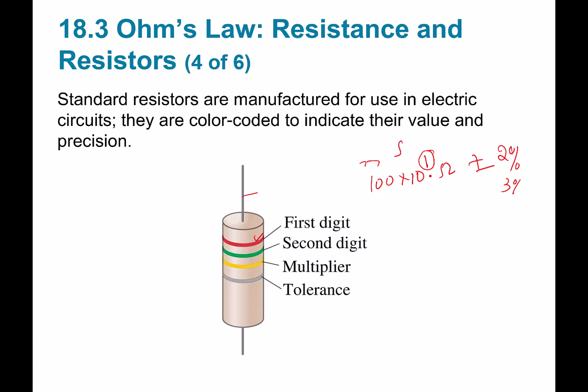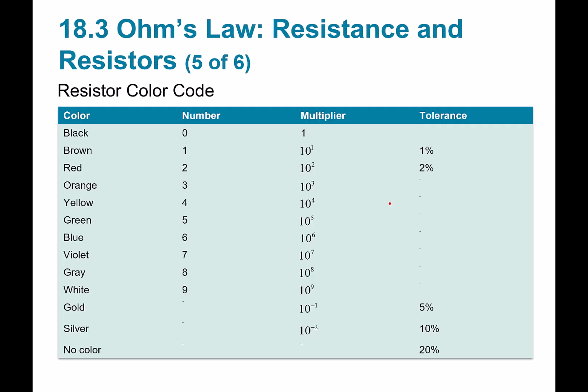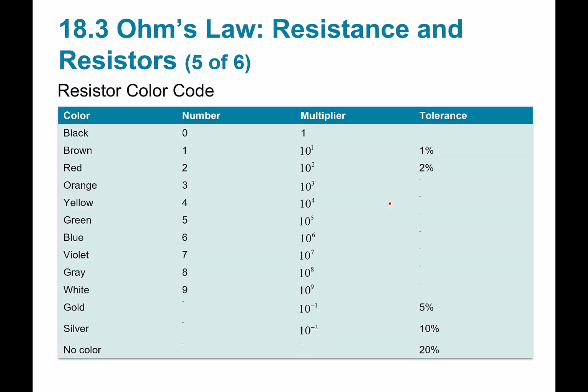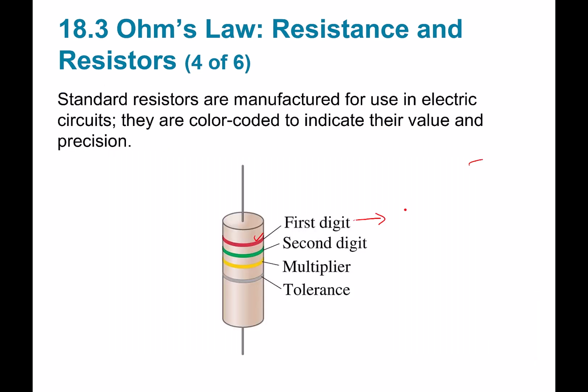So we will take a quick look at the chart to understand this, and then look at an example as well. In this case, for the first digit, for example, we have red. On the chart, red is 2. So the first digit is 2.